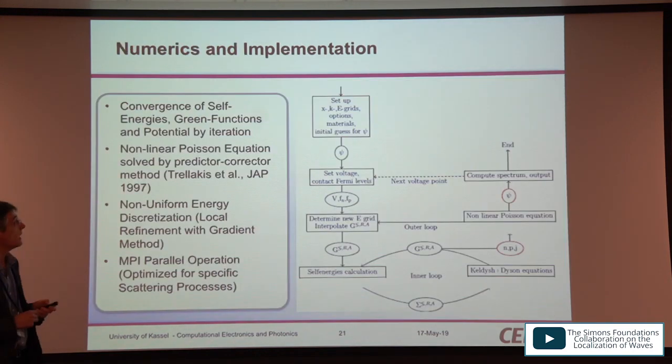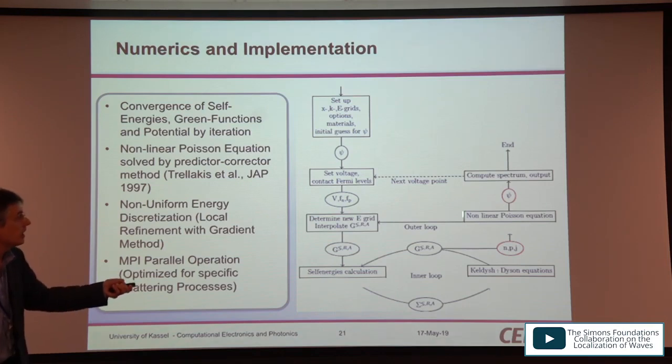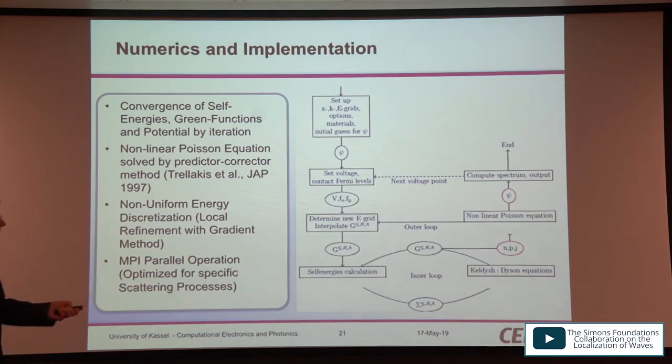Computationally, this is quite expensive. What we do is we need to solve first a nonlinear Poisson equation. Then we need to solve the self-energies, and they depend on the Green's function. So we need to invert the Dyson equation, and we need to have self-consistency between those two, which we call the inner loop, and they depend on the Green's function and also on the nonlinear Poisson system.